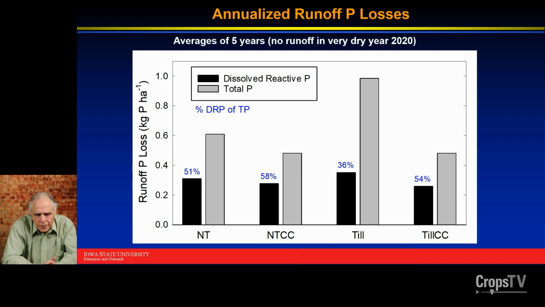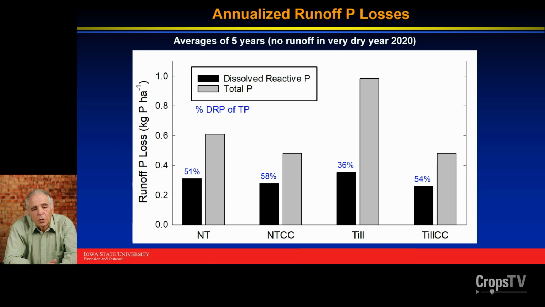Okay. Now on the left we have the no-till. The cover crop, of course, in no-till reduces total P losses, the gray bars, but you see that the black bars are not that much different from the tillage to the right. The effect of the cover crop is important, but it cuts by about half to 3/4 the phosphorus loss, less than with tillage.